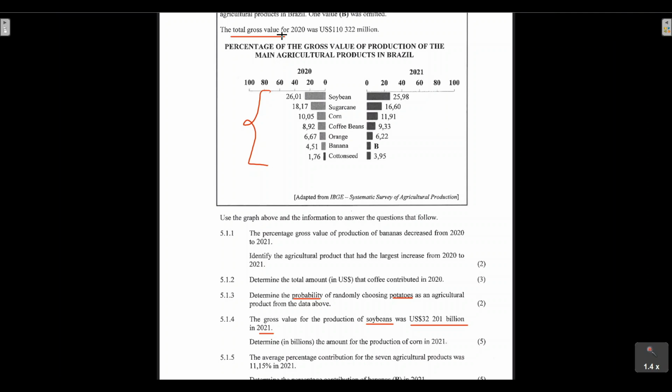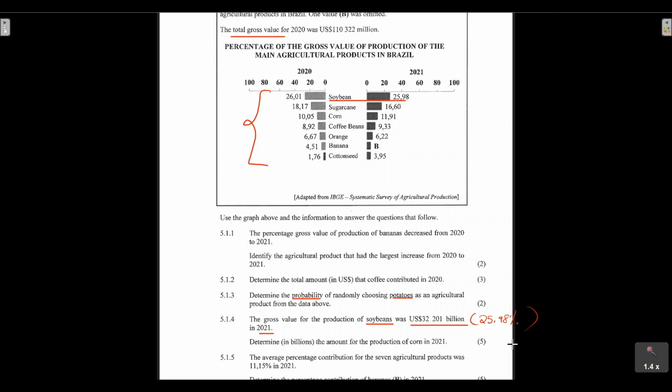But they do tell us the gross value for the production of the soybeans. So this value just represents 25.98% of the total gross value that Brazil made in 2021.